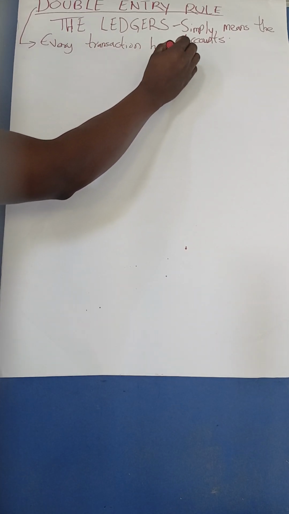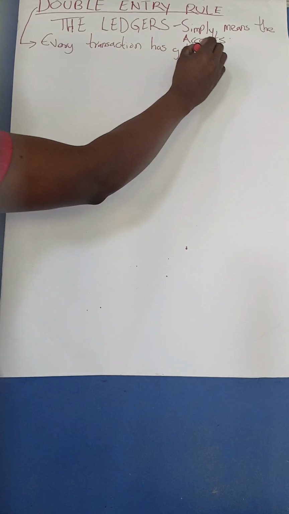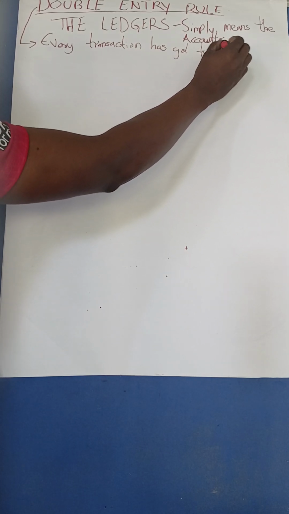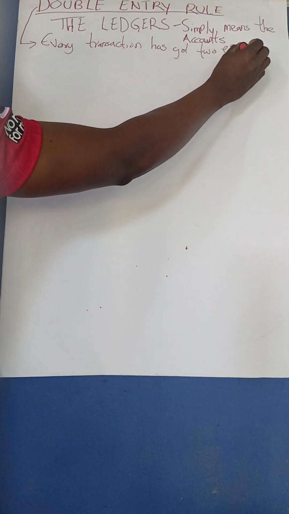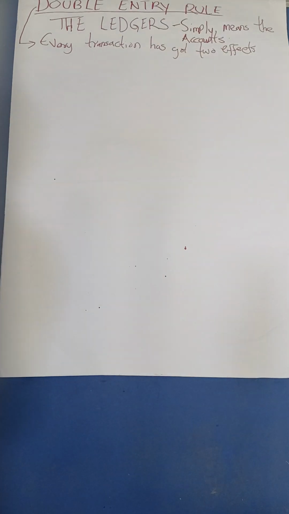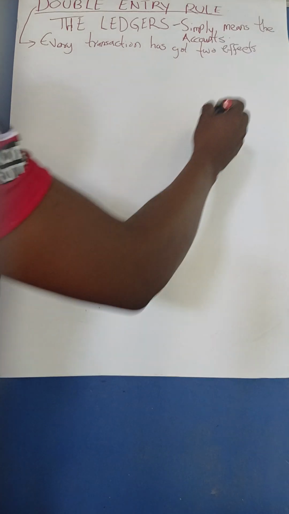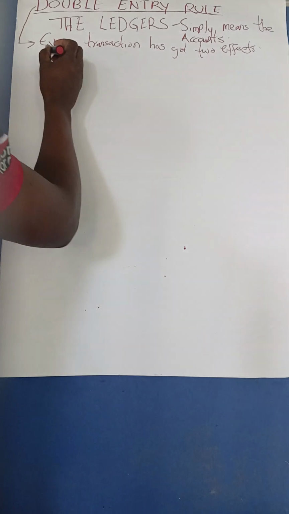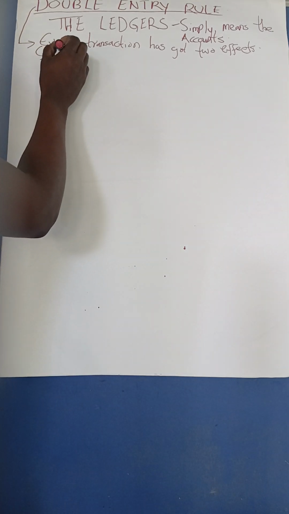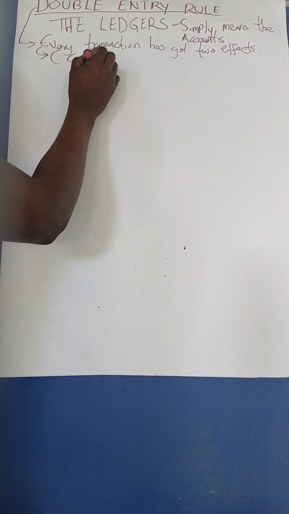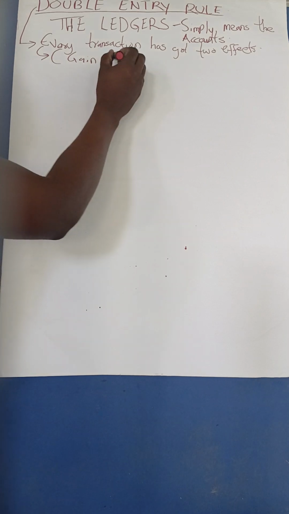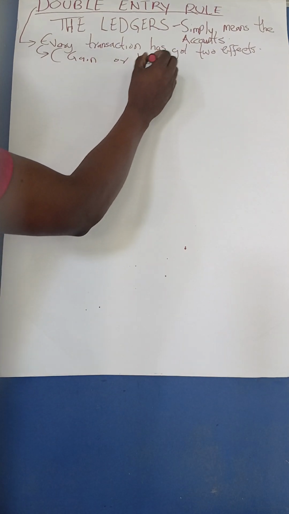Every transaction has got two effects. Which effects am I talking about? In that transaction, you are either going to gain or you are going to lose something.